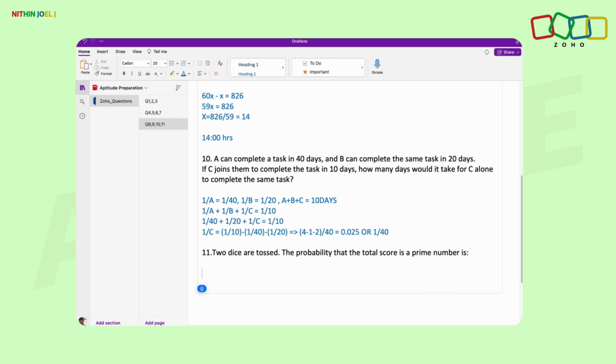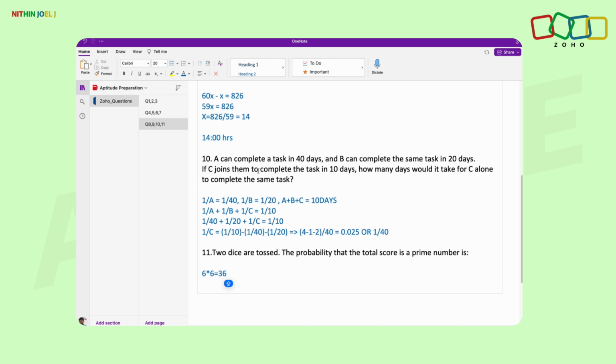So now we know a dice has 6 sides. So 6 into 6, which is equal to 36. So 36 possibilities we have. From that we need prime numbers alone.